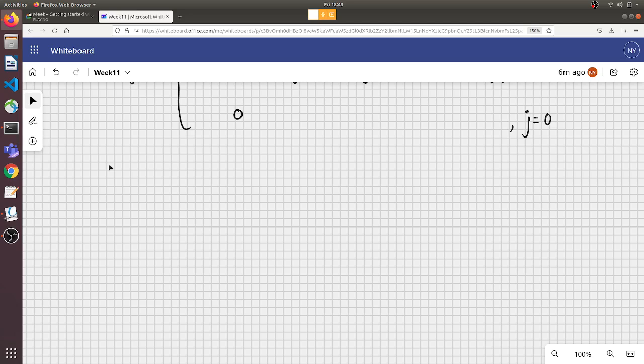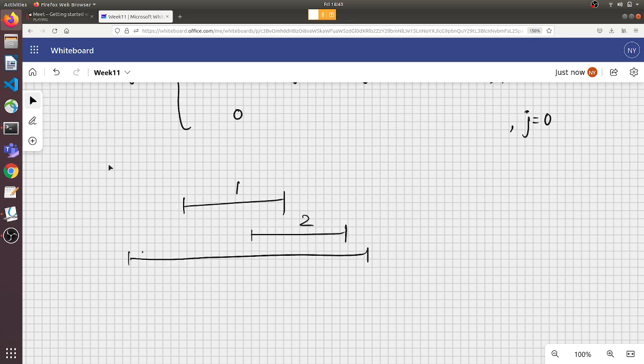If we have jobs 1, 2, 3, 4, now let us try to find C of 4. So here, what is C of 4?